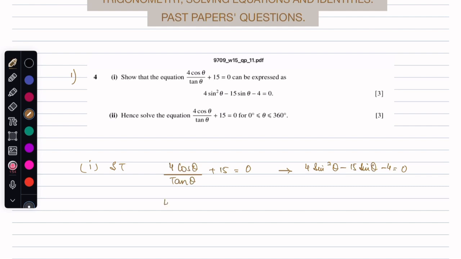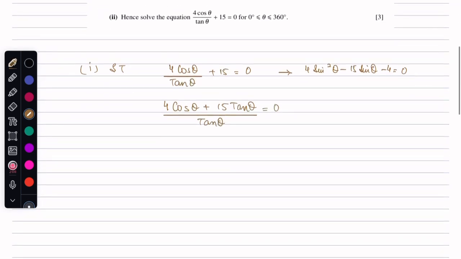Meaning if I take the LCM, then this becomes 4 cos of theta plus 15 tan of theta divided by tan theta, which shall be equal to 0. So if this tan theta gets multiplied by 0, then it's 4 cos theta plus 15 tan theta, which shall be equal to 0 here.